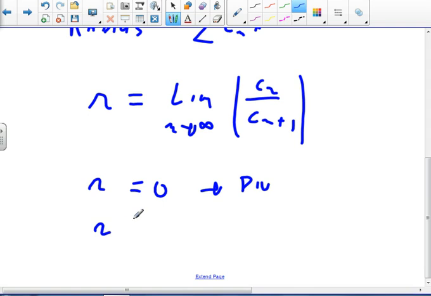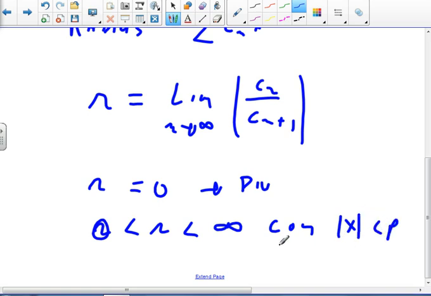And if 0 is less than r is less than infinity, then the series is going to converge as long as the absolute value of x is less than r, and diverge if the absolute value of x is greater than r. And if r is infinity, then it's going to converge for all x's.